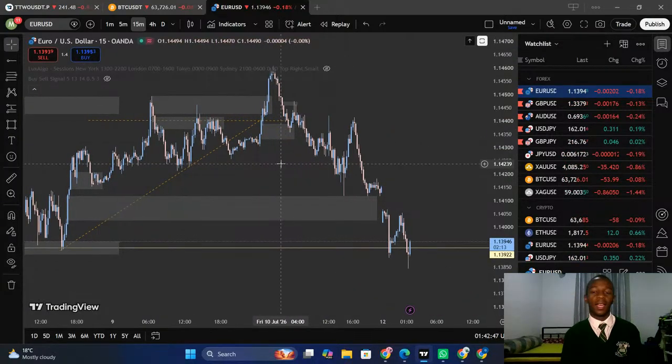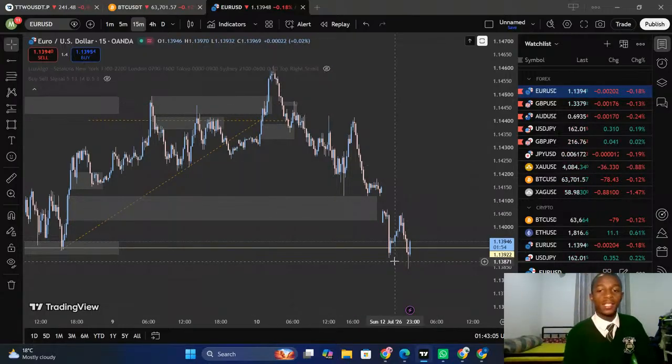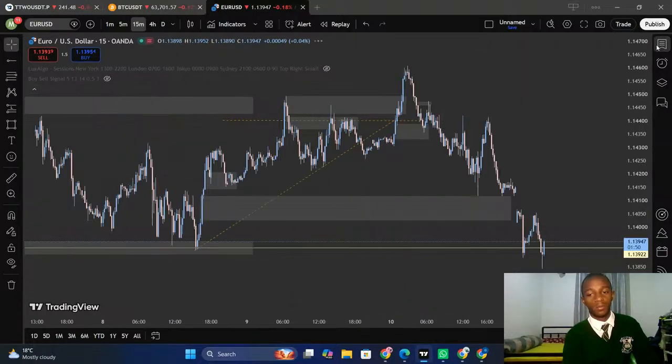So yeah, I think I'm going to be entering off fair value gaps. Yeah, I've made up my mind. I'm going to be entering off fair value gaps. We just formed this at that zone.